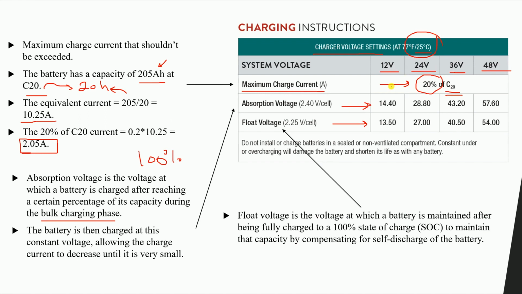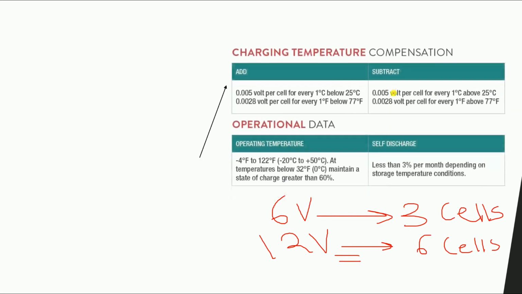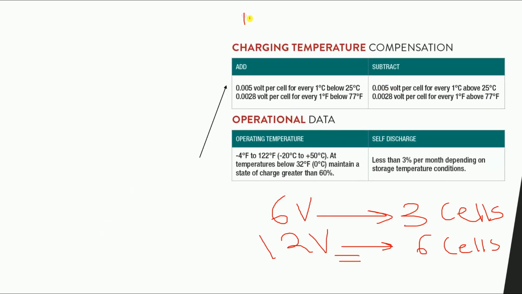Let's say, for example, we are talking about the absorption voltage 14.4. Remember this, 14.4 volt. Now, for every 1 Celsius degree below 25 Celsius degree, add 0.005 volt per cell.